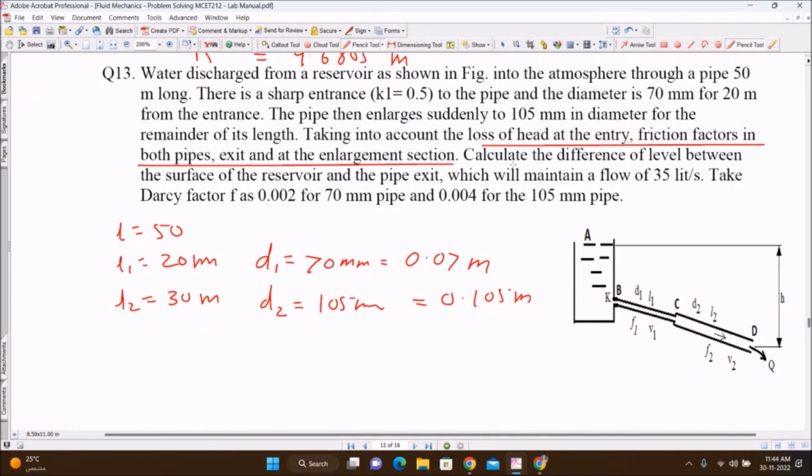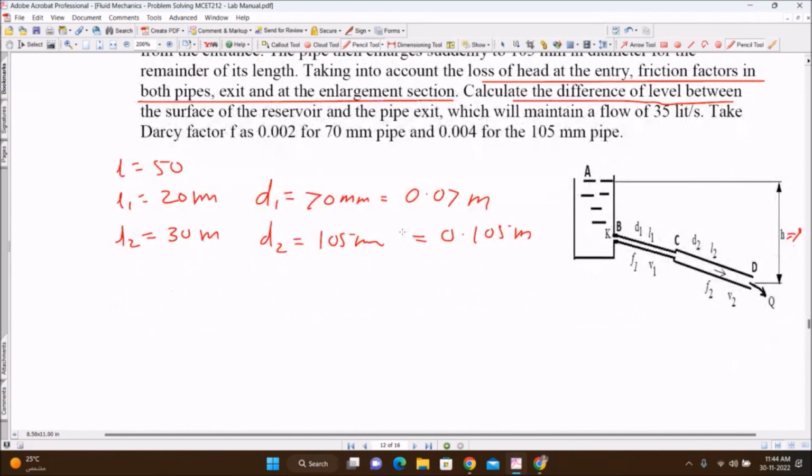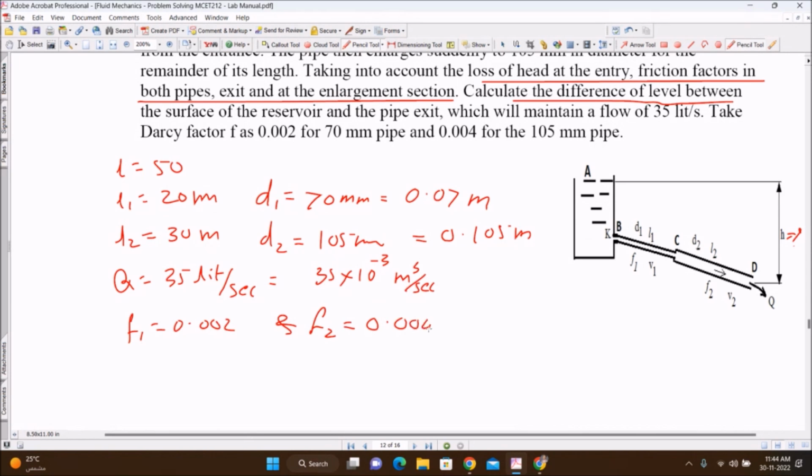Calculate the difference of the level, calculate H. So this H is asked. The discharge is given the same, equal to 35 liter per second. So liter is not allowed: 35 into 10 to the power minus 3 meter cube per second. Take Darcy friction factor. So F1 is equal to 0.002 and F2 is equal to 0.004.